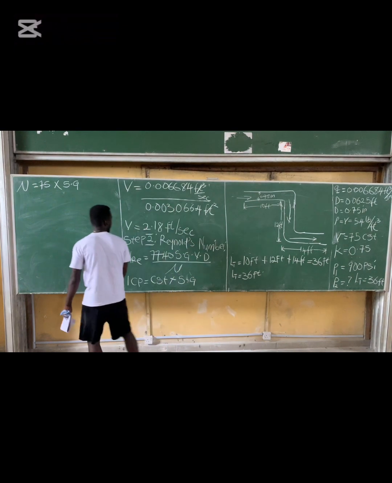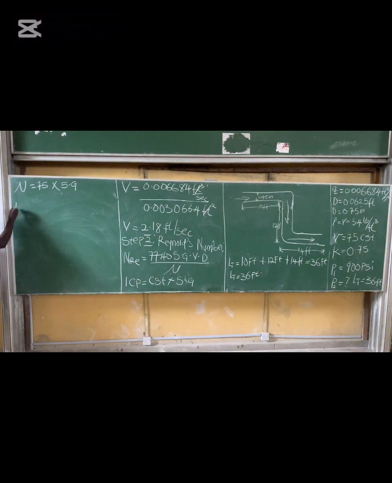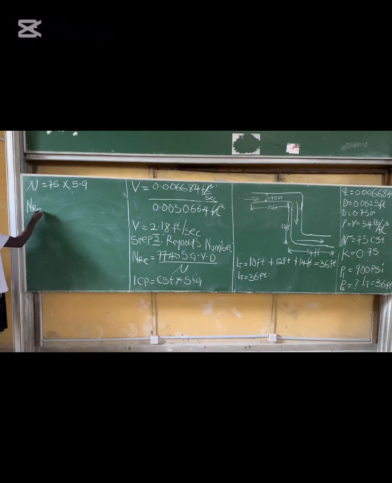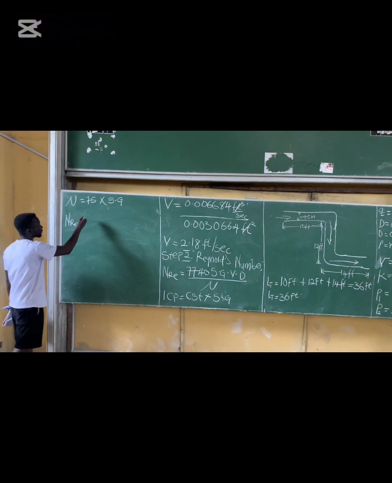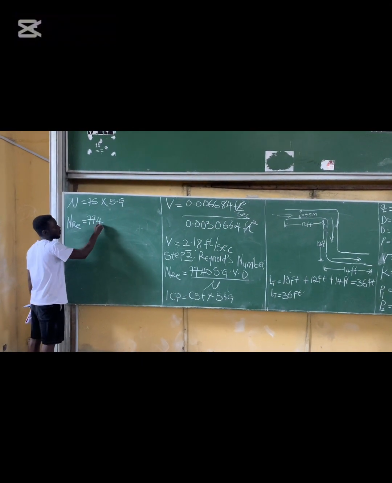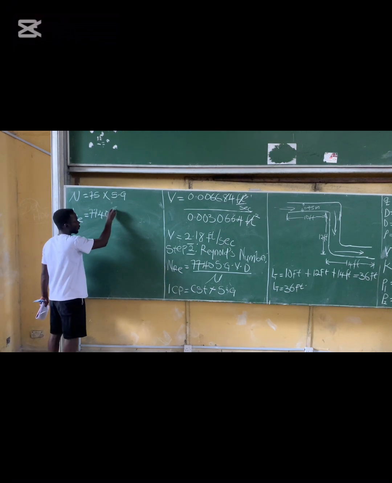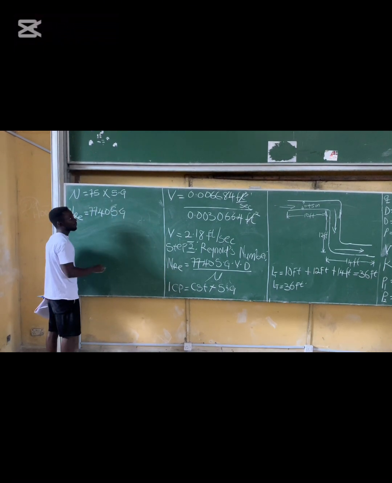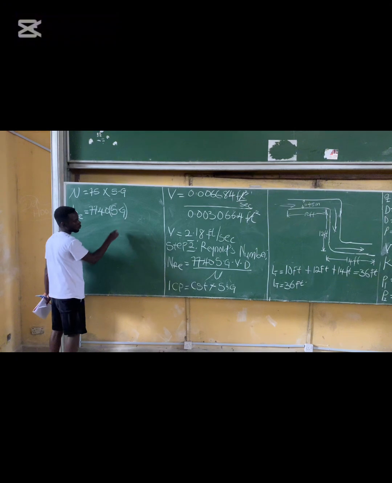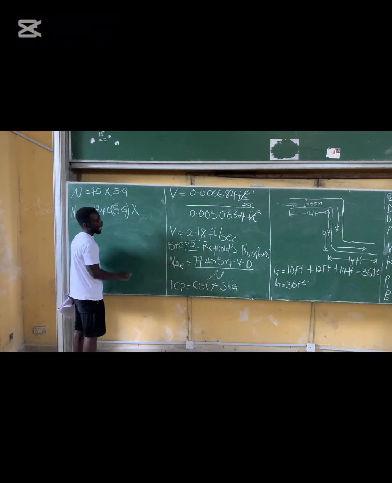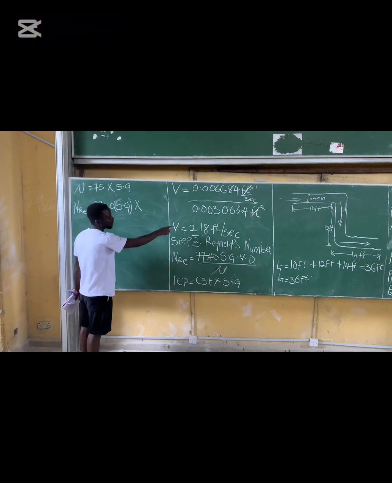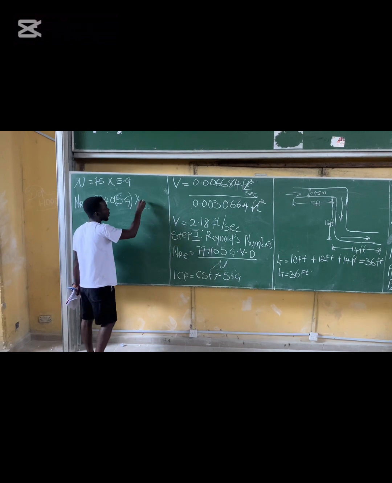So therefore, let's decide the Reynolds number formula. Our NRe Reynolds number will be equal to 7740 multiplied by specific gravity, which is unknown, multiplied by velocity. What is our velocity? 2.18.